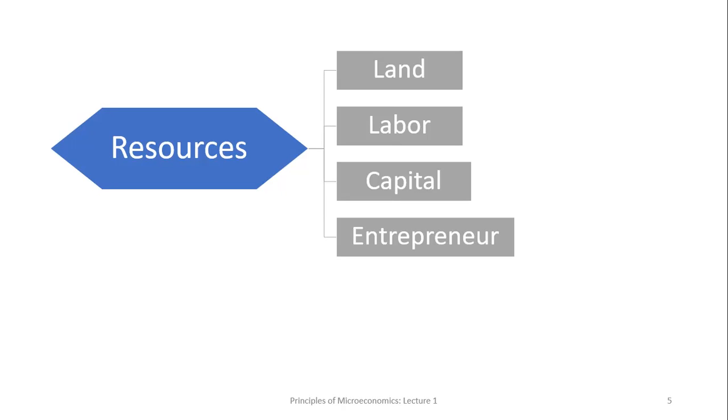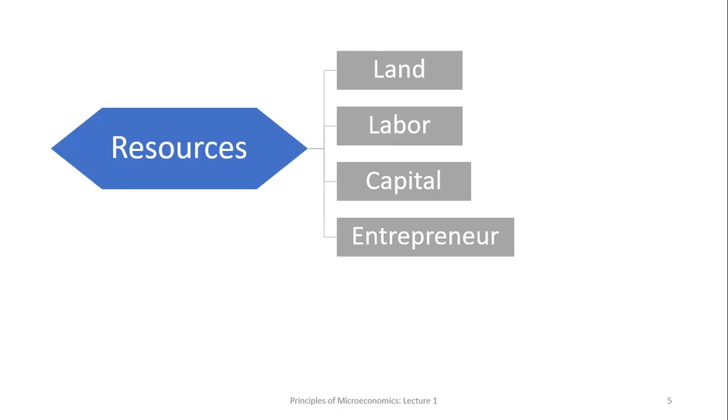First, land, which represents natural resources, all the gifts of nature that help us in producing some goods. For example, rivers, naturally built lakes, sea, deserts, climate conditions, hills, and rainfall, etc. All these things help us in producing goods.